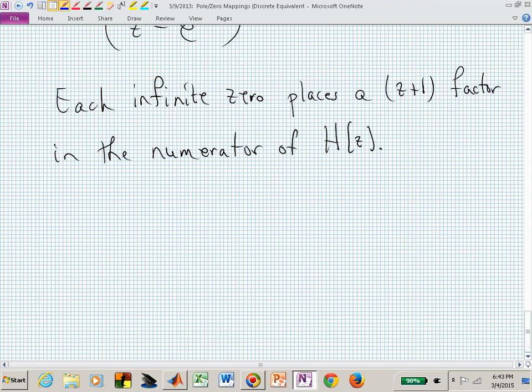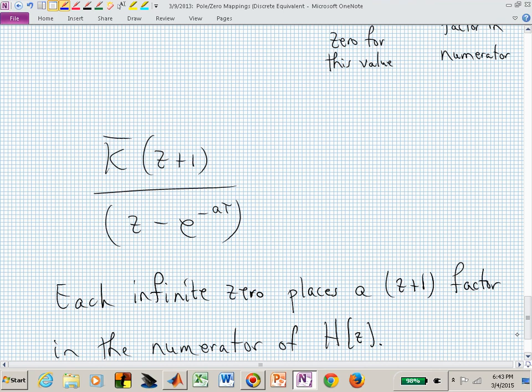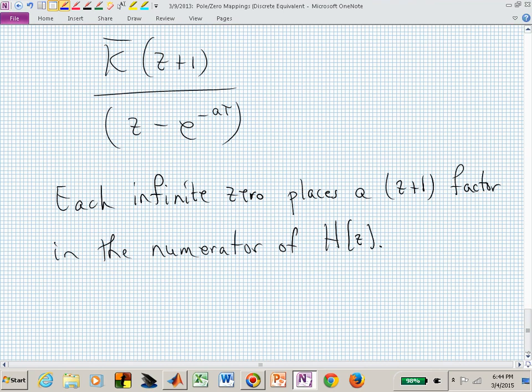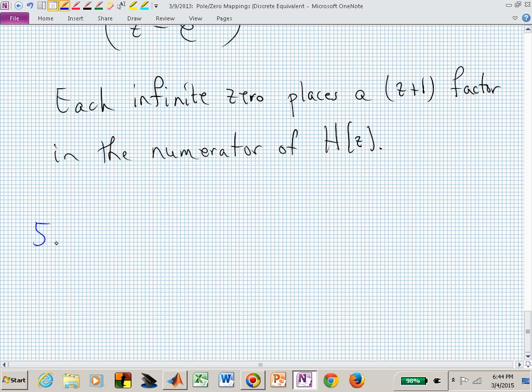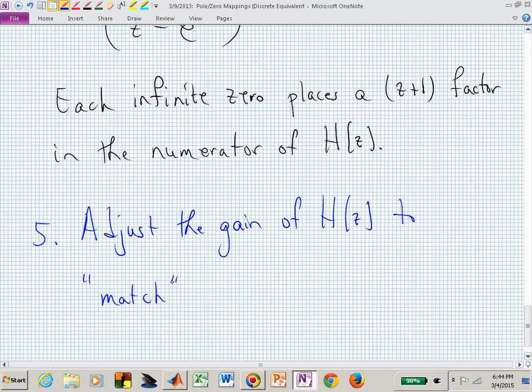We're almost finished. What we don't have is k bar. And we find that by step 5, which is to adjust or select the gain of h of z to match the gain of h of s.